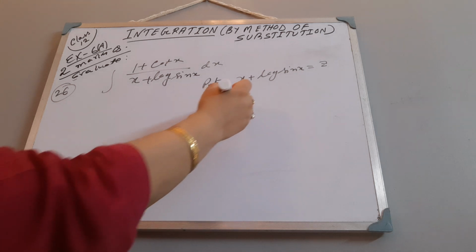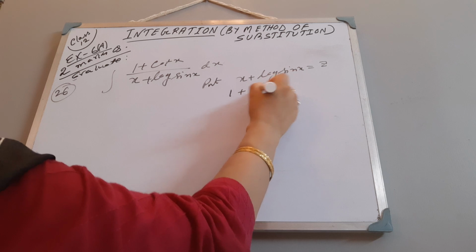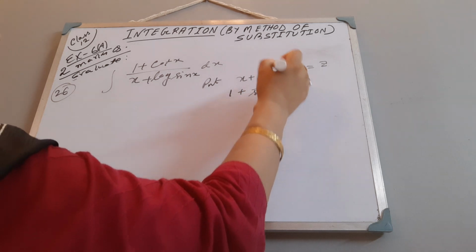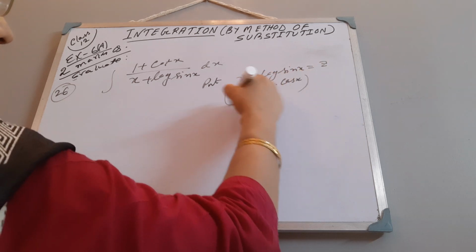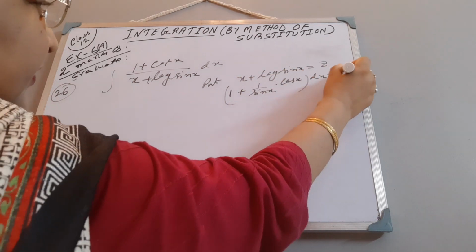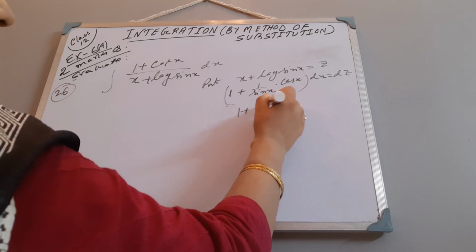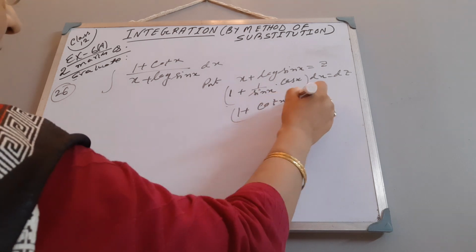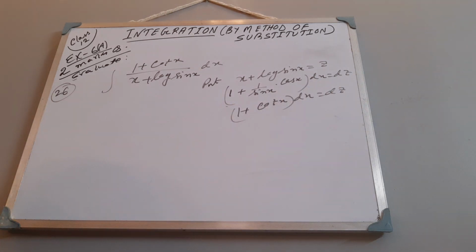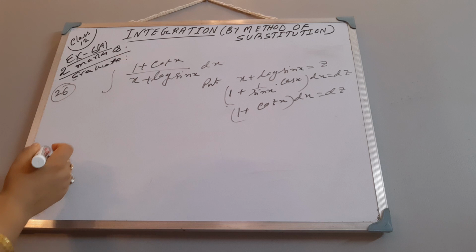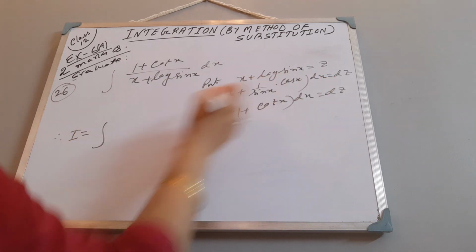d/dx of x is 1 and d/dx of log sin x is 1 by sin x, then d/dx of sin x is cos x by chain rule. So it is coming that (1 plus cot x) dx is equal to dz.